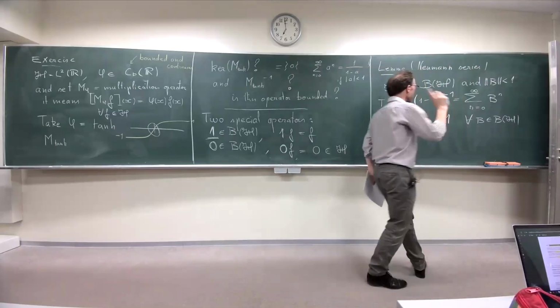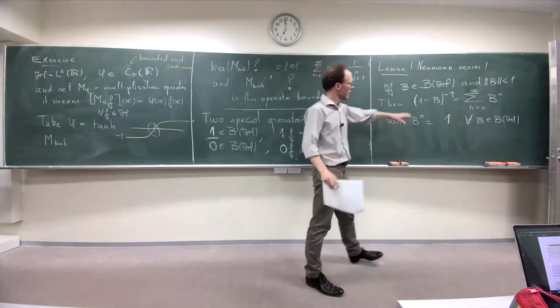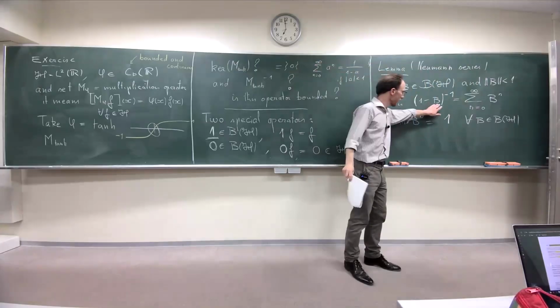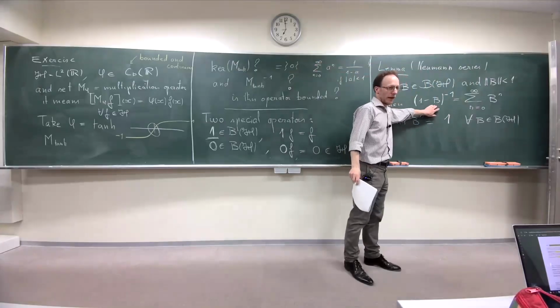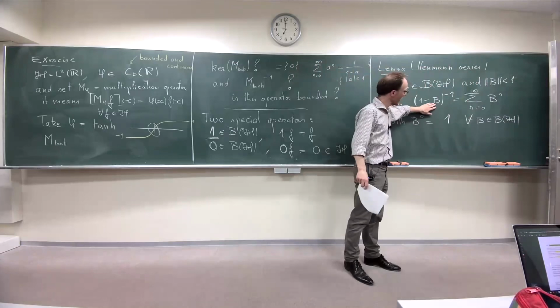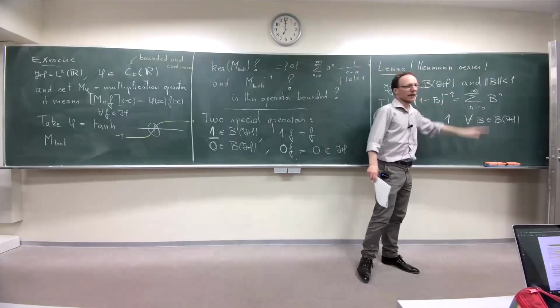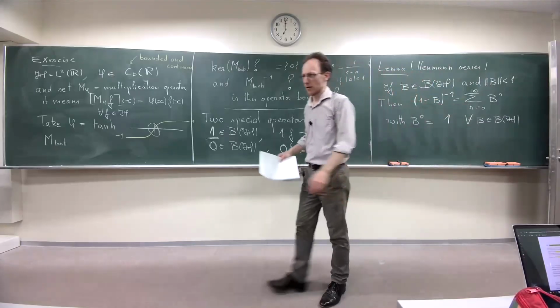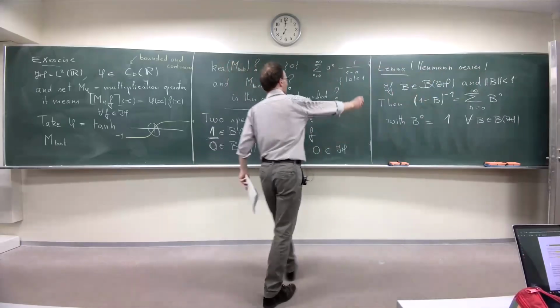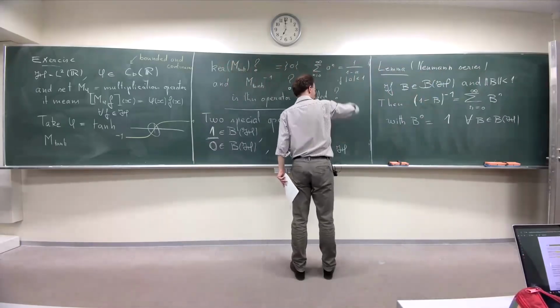So in fact, it's not completely trivial because what it says is that this operator has a trivial kernel, it's invertible, and its inverse is equal to this guy. But essentially, it's the same proof as what you do here.